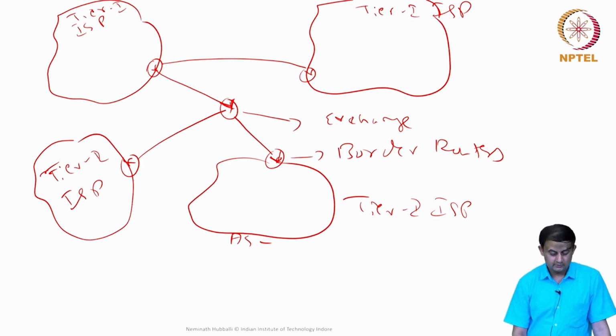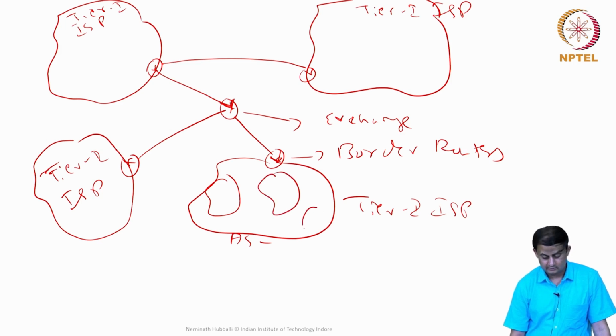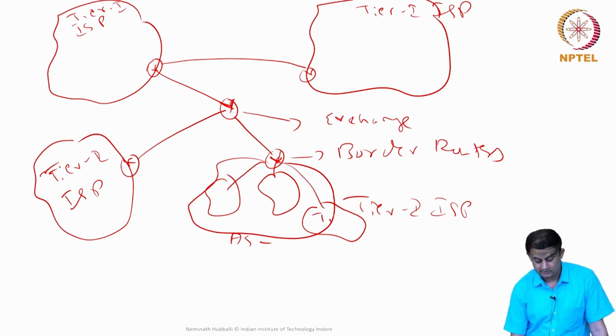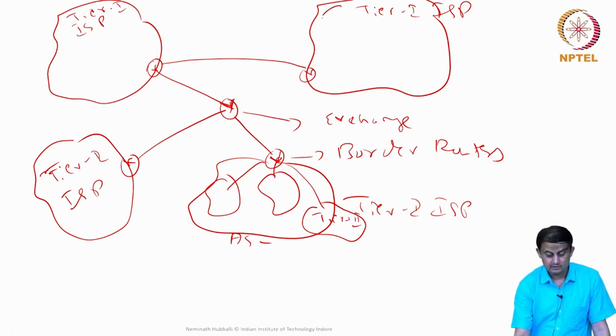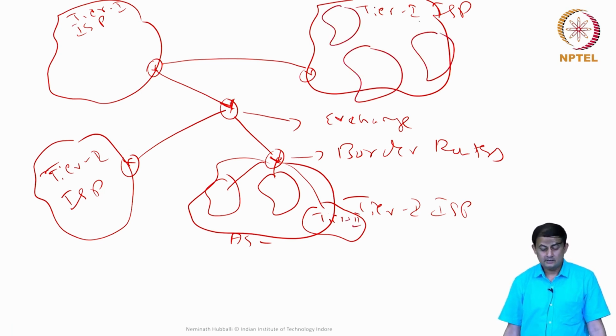For both of them, they typically don't provide the service. But what they actually do is, there might be smaller ISPs located within their territory, and to all of them they might provide the bandwidth. So there are tier 2 ISPs, and multiple of them, within their geographical area.